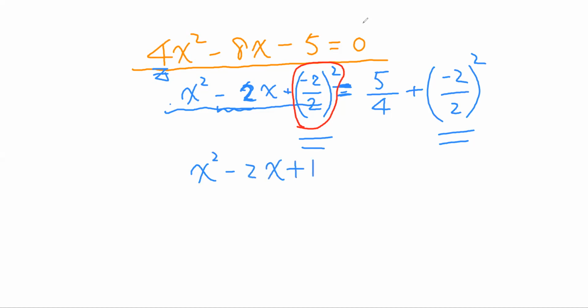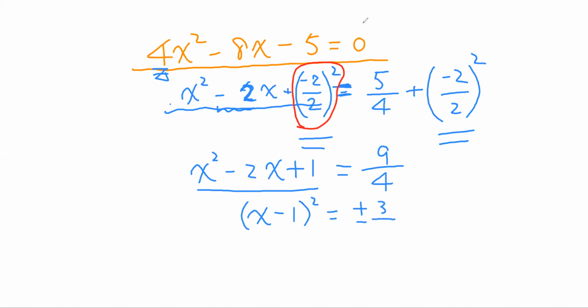So keep this in your mind. What could this look like? Rewrite it like this. The right part here is 9, right? So the left half became (x minus 1) squared. Take the square root of both sides. So x minus 1 equals positive or negative 3, right?